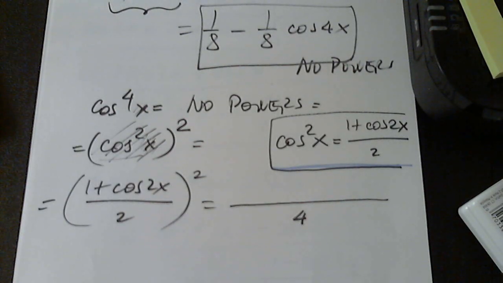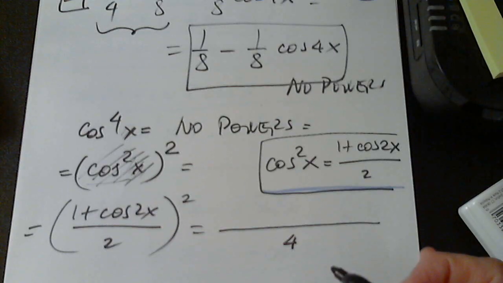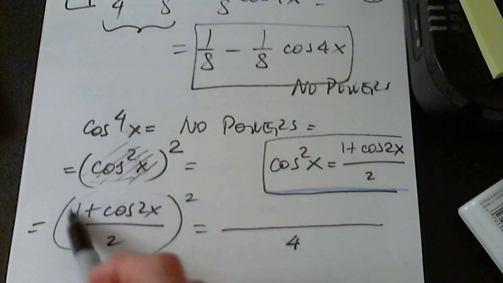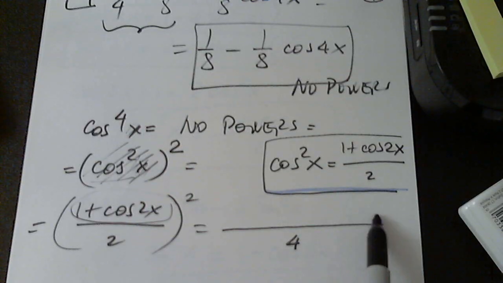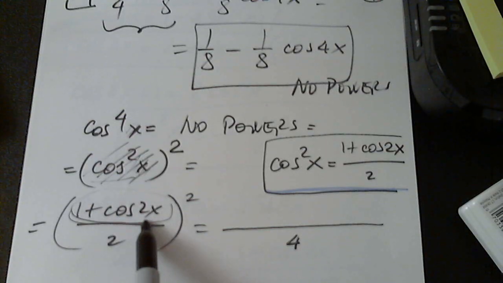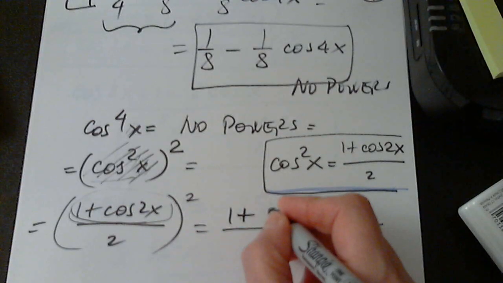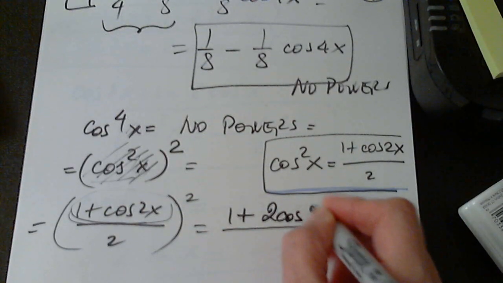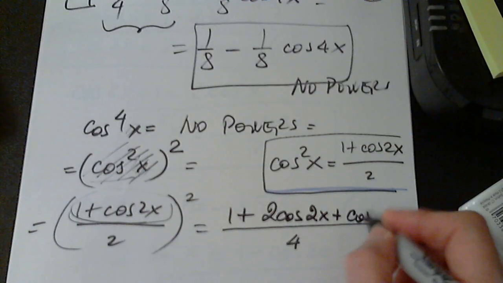So where are we? We're here. So can anyone now square this for us so I can put it up here? 1 plus 2 cosine 2x plus cosine squared 2x.